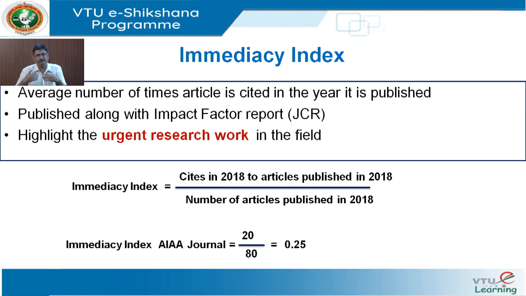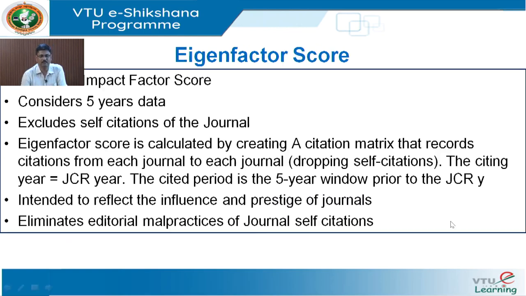So many people jumped into research on various aspects of COVID, and an immediate response had to be given to the pandemic. So that's why the immediacy index for that research will be higher. Okay, that's how the urgency in the field can be calculated using the immediacy index.